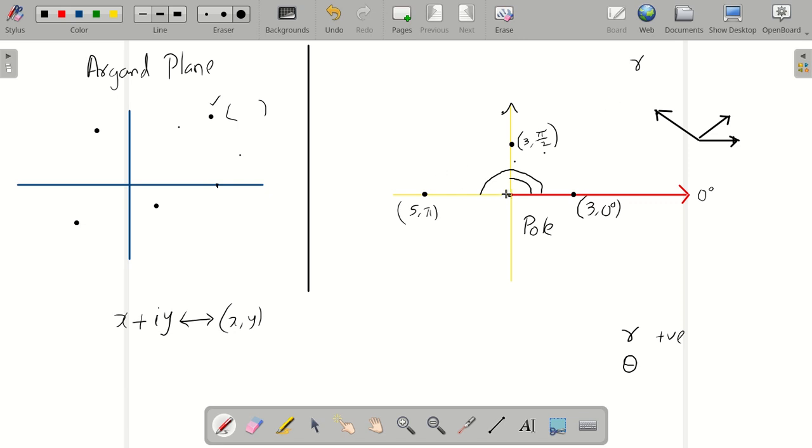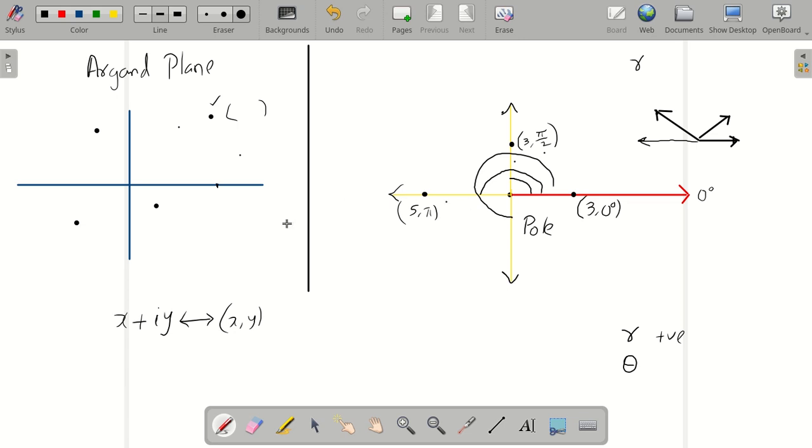And at 180 degrees, this will be the positive walk. When you turn 180 degrees, the picture becomes something like this. And when you turn 270 degrees, this will be the positive walk. That means going downwards will be called positive.